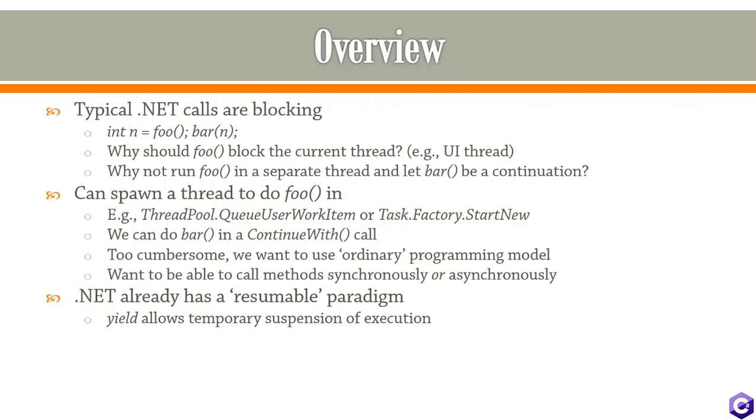So that is how the whole async await story started, because essentially a guy by the name of Jeffrey Richter created a library called PowerThreading, and it had a type called AsyncEnumerator. The idea behind the AsyncEnumerator was precisely this: you can have things happening on separate threads, and it was leveraging the yield keyword to suspend the execution until you have the next piece of the puzzle, so to speak.